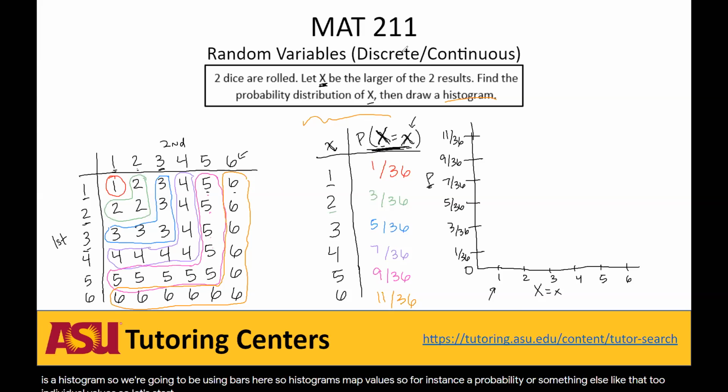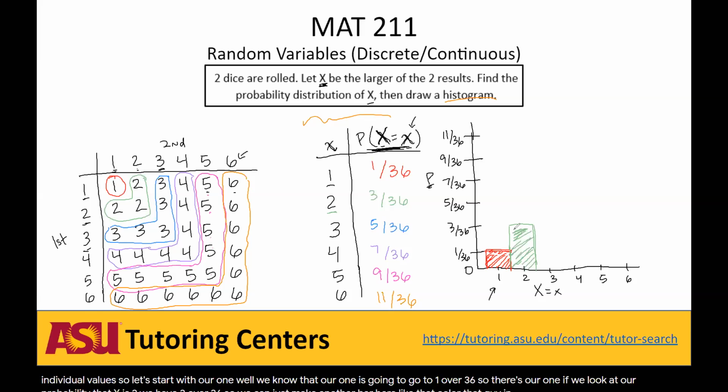So let's start with our 1. We know that our 1 is going to go to 1 over 36. So there's our 1. Next, if we look at our probability that x is 2, we have 3 over 36. So we can just make another bar here like that. Color that guy in so it's obvious. Kind of poorly. Hopefully you can color better than this. Then let's look at our 3.